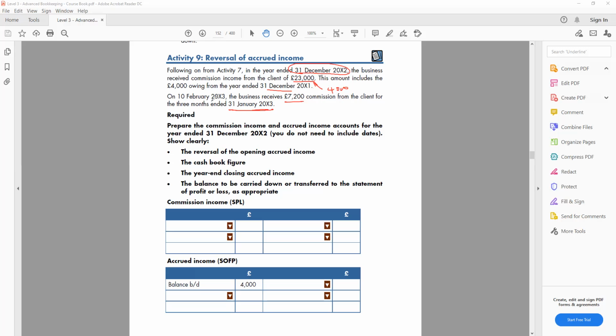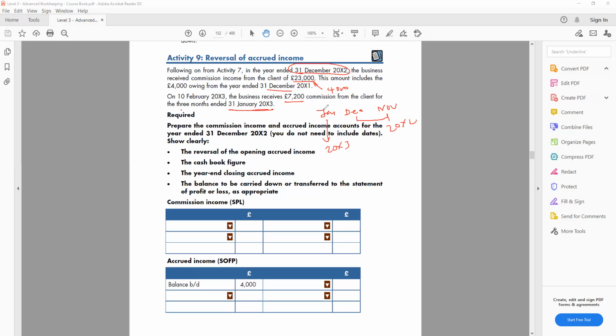On 10th of February 2003, the business received commission from the client for 3 months, so 3 months ended January. If it ended in January, that means January, December, and November, isn't it? November and December belong to 2002, and January belongs to 2003.